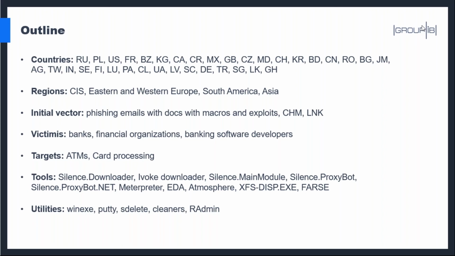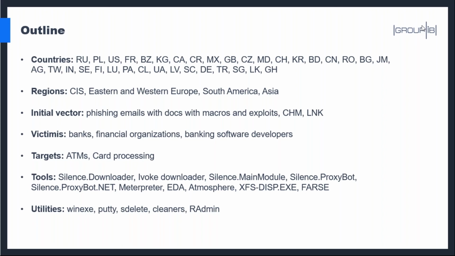They use tools like Silence Downloader, the PowerShell Invoke Downloader, the Silence main module, and reverse proxy tools like Proxybot and Proxybot.net. During the lateral movement stage, they use Meterpreter, Mimikatz, and the FAR utility.